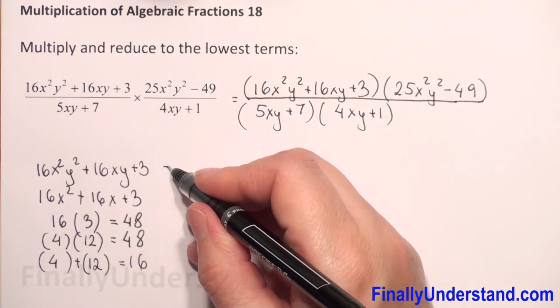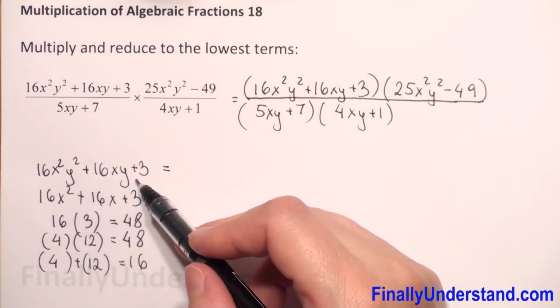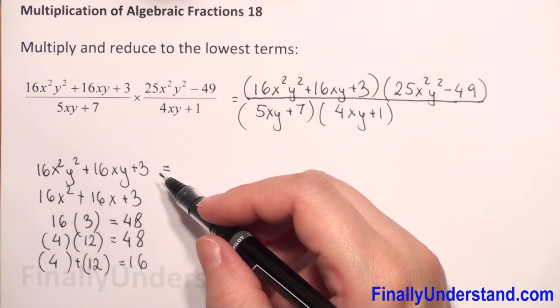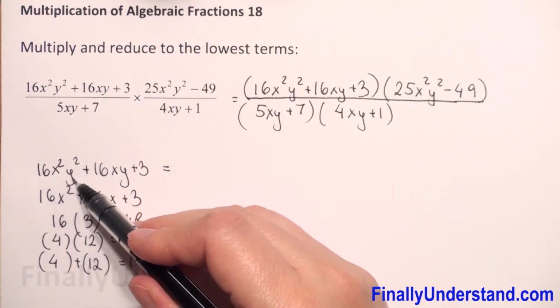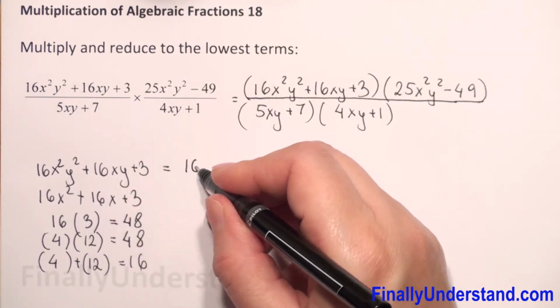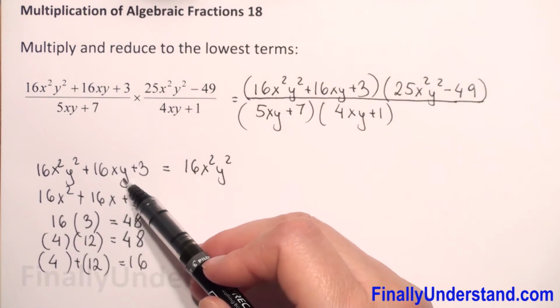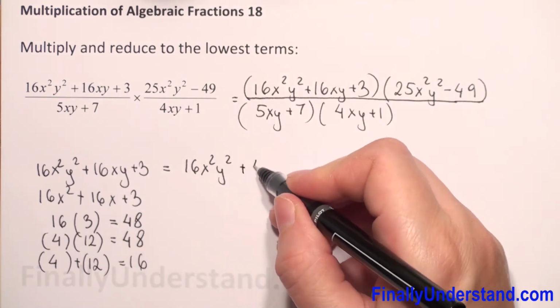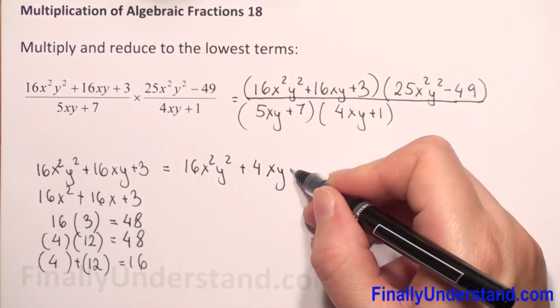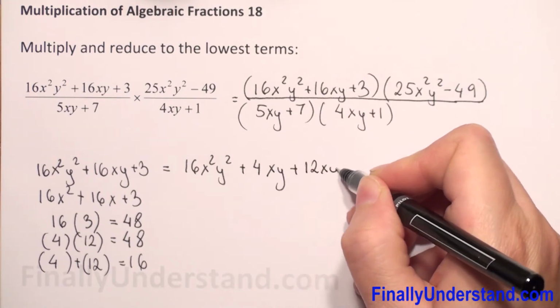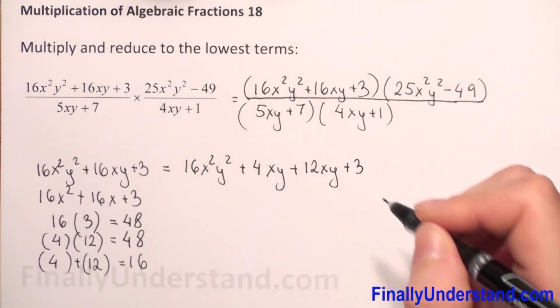So now we will come back to our expression, and we have to copy the beginning. We have 16x squared y squared, and now 16xy, we will rewrite as 4xy plus 12xy, and the constant we copy.